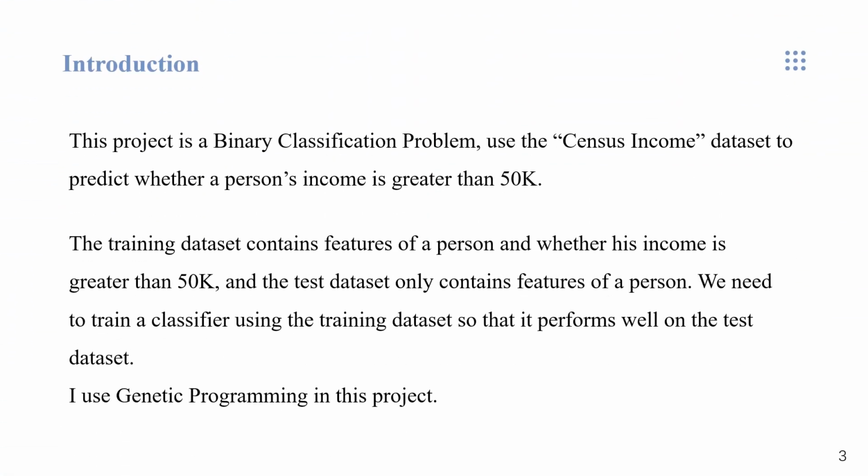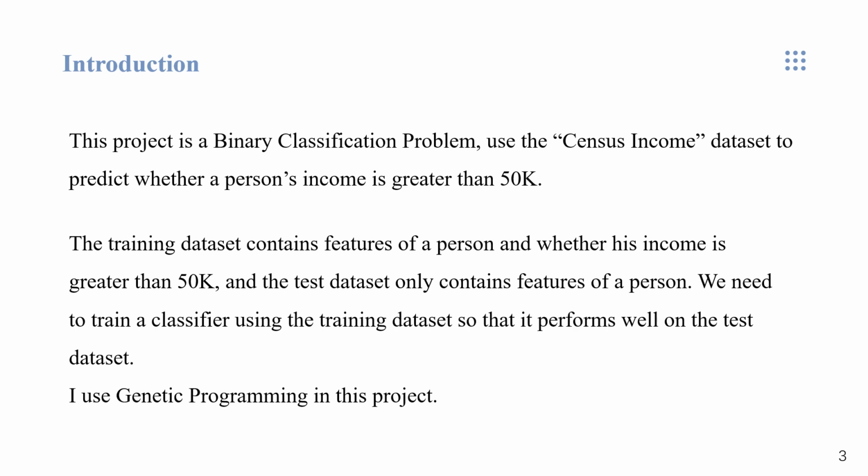This project is a binary classification problem. Use the census income dataset to predict whether a person's income is greater than 50,000. The training dataset contains features of a person and whether his income is greater than 50,000.